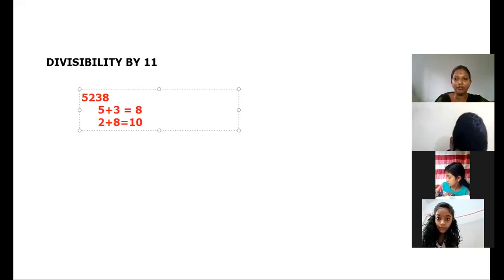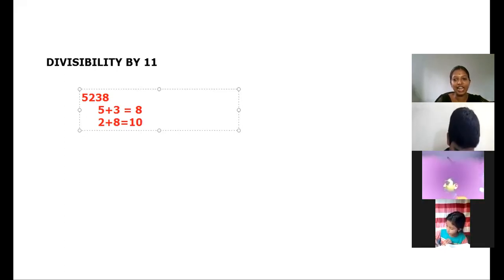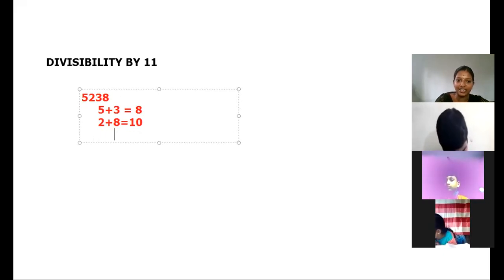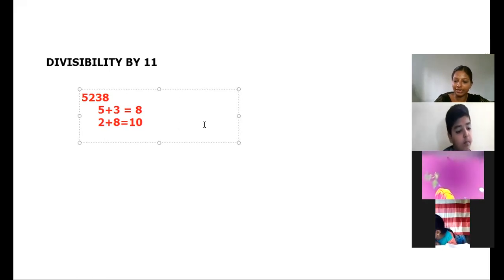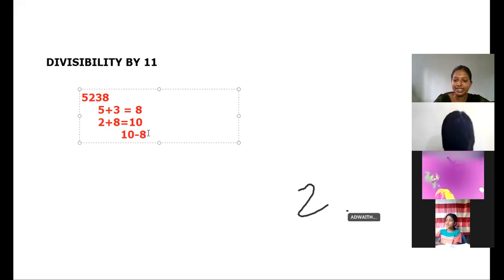So first of all, we have to find the alternate digits. The first pair of alternate digits is 5 and 3, and the second pair is 2 and 8. Then what about their difference? What is the difference between 10 and 8? The difference between 10 and 8 is 2. So, is it divisible by 11?